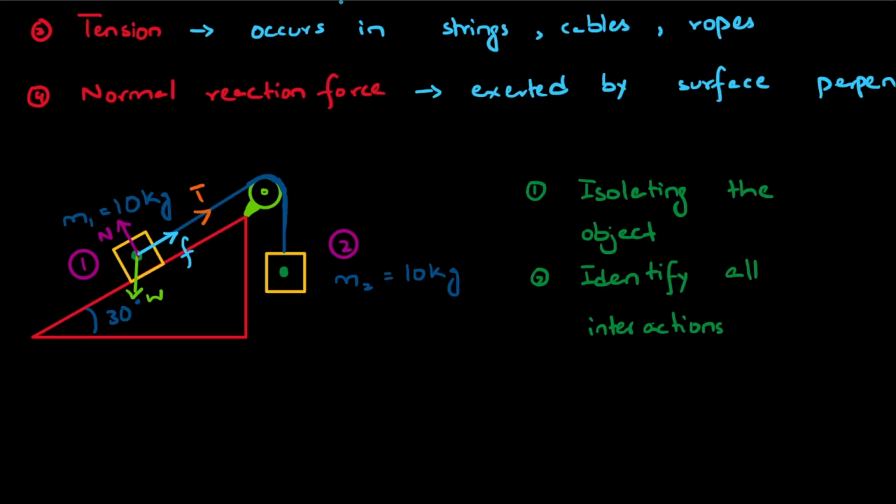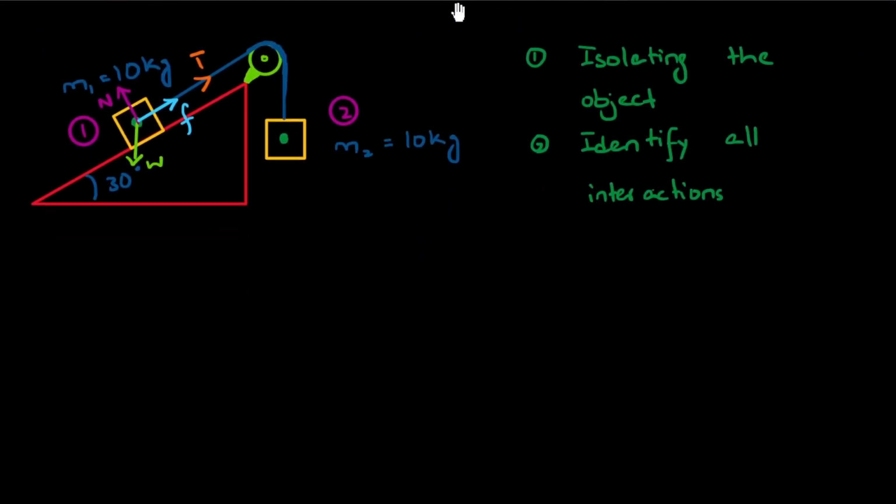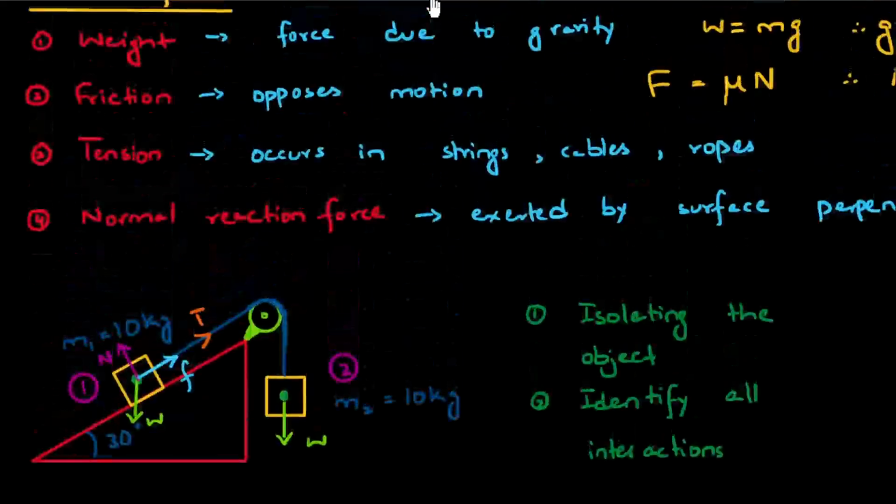Now, if we go to box number 2 or block number 2, it has its own forces as well. And again, you need to ask yourself, is it under the influence of gravity? Yes, it is. So you draw an arrow pointing downwards to represent its weight. Now, is it in contact with any surface? No, it's not.